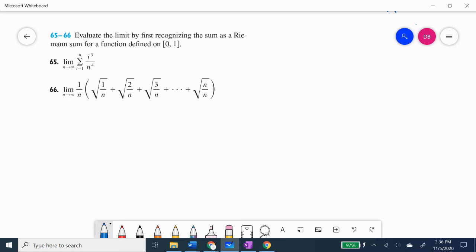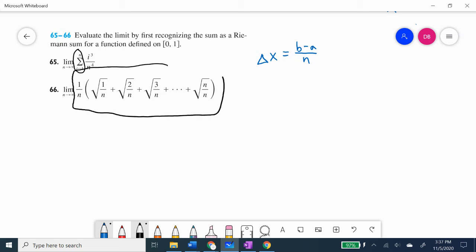All right, starting again. Delta x is some number divided by n, and it has to be a factor. Now this one's written differently because it doesn't have sigma. Instead, it shows a pattern. So I need to look at everything after this limit. Delta x must be a factor within that sum.